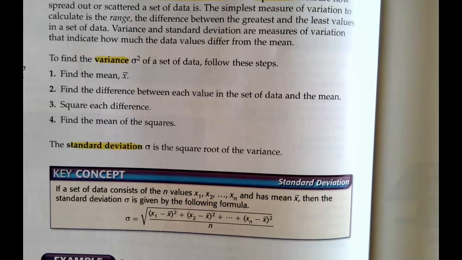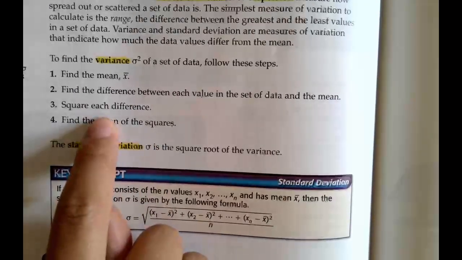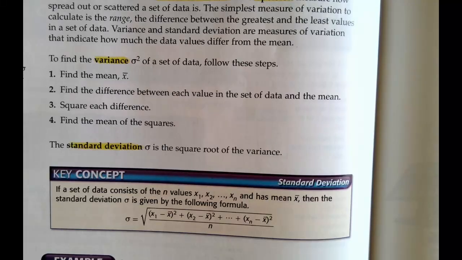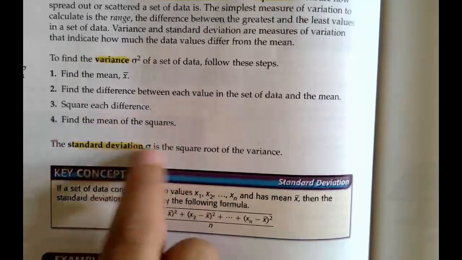So basically, you're going to take each number minus your average, and then you're going to square it. Okay? And then you're going to take your next one minus your average, and then square it. Take the next one minus your average, and then square it. Take your next one minus the average, and then square it. Okay? Then you're going to add all of those differences up, and divide it by how many there are. So that's what it means by find the mean of the squares.